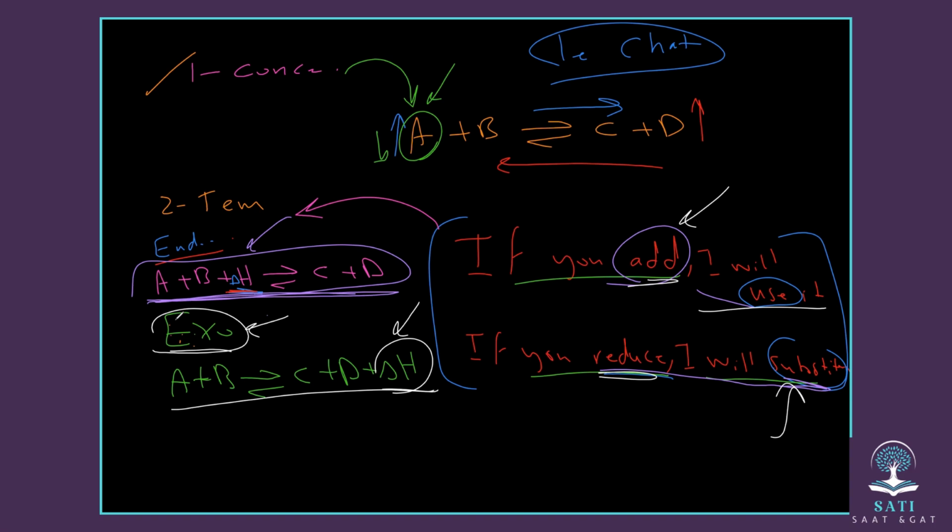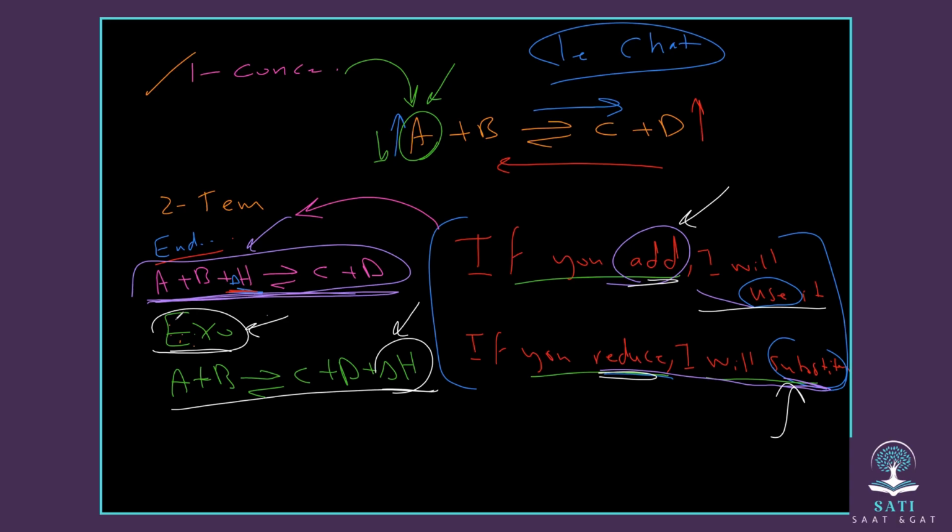And as we said, concentration and temperature are factors that affect the equilibrium state. Eventually, if you change the temperature or the concentration and then stop, the reaction will come back to its state of equilibrium, where it has the same ratio, the same K equilibrium, which is the equilibrium constant.